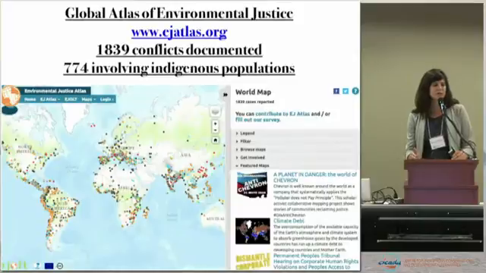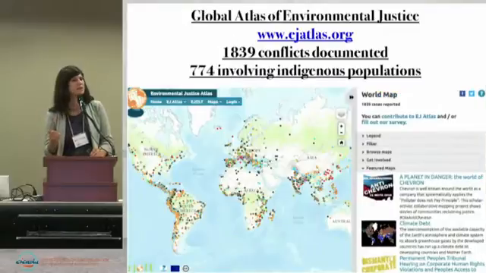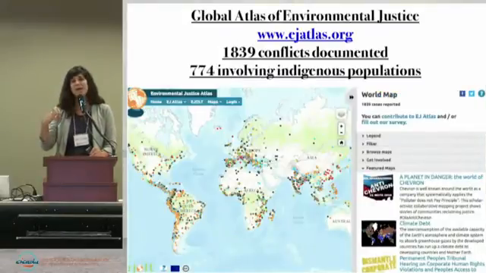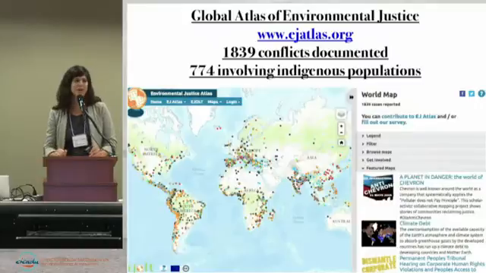And we divide those projects along 10 primary categories, including nuclear conflicts, mining and mineral ore extraction conflicts, biomass and land conflicts, water management conflicts, industrial and utilities conflicts, biodiversity conservation conflicts, and so on. And then we have a second level category where we have 50 types of activities that we examine.